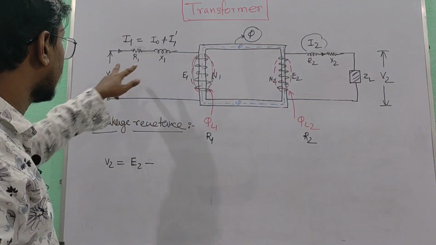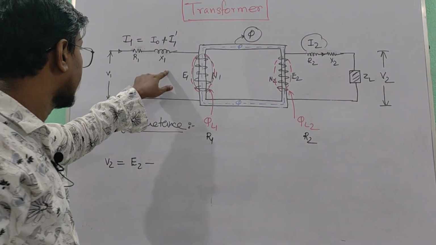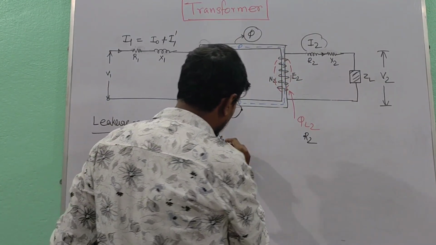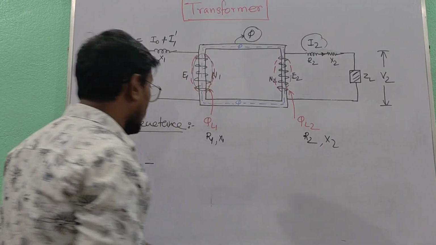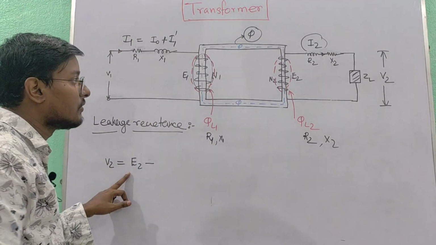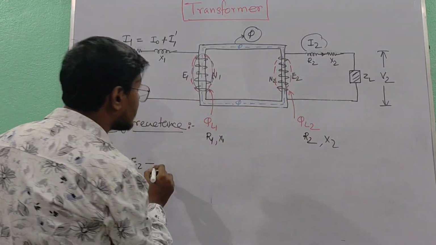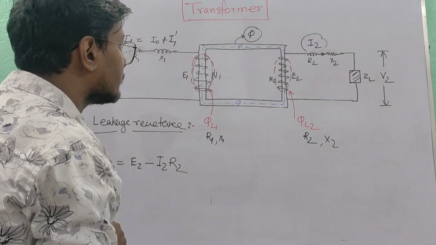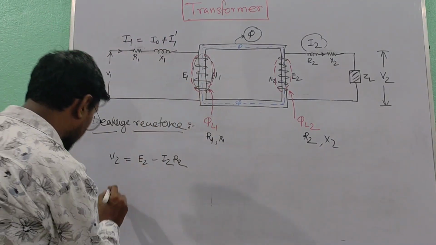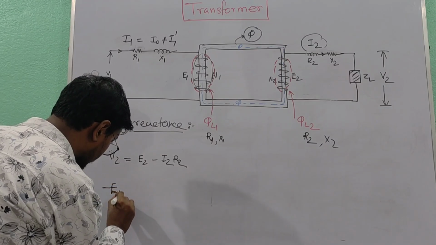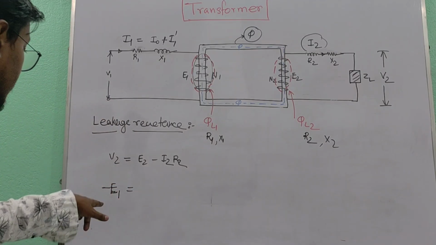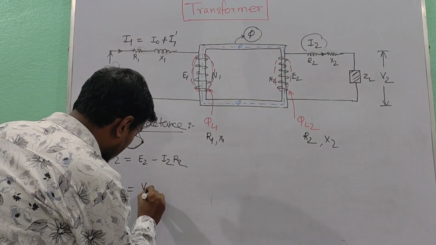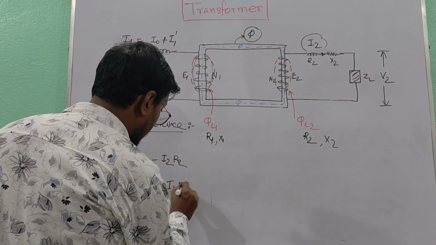We are considering that primary winding resistance and reactance is R1 X1, secondary resistance and reactance as R2 X2. So let me rewrite this equation. V2 is equal to E2 minus I2 R2, and minus E1 is equal to V1 minus I1 R1, because E1 is in phase opposition, that's why I am writing down minus E1.